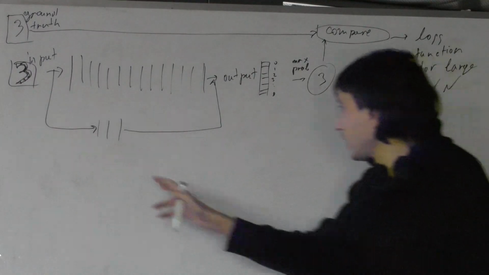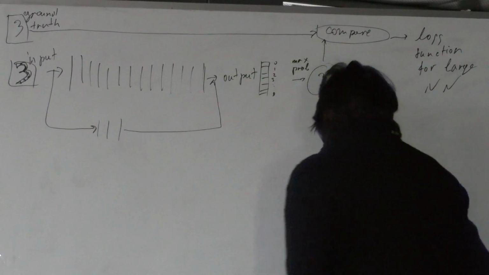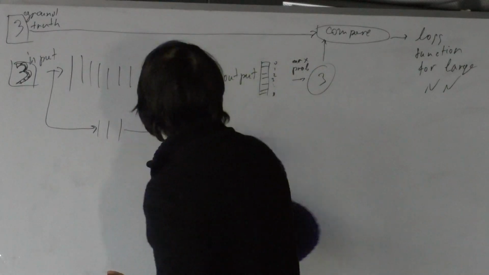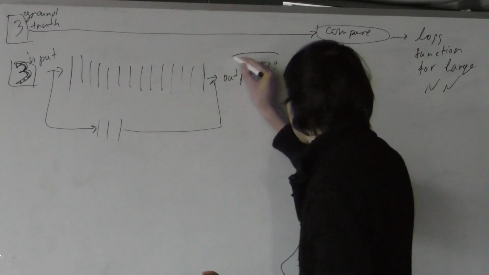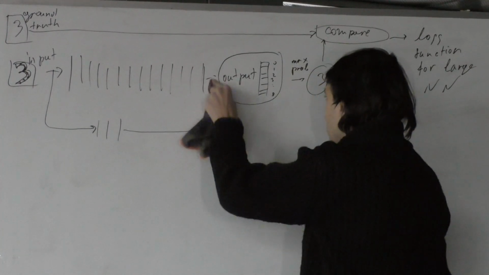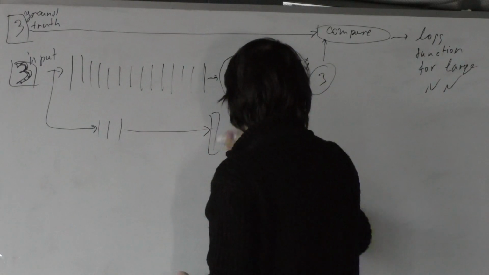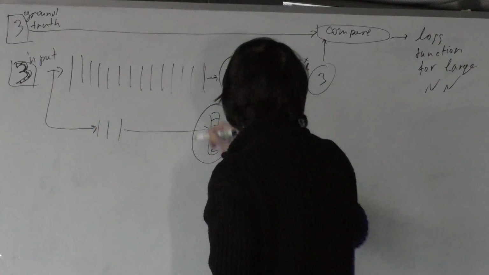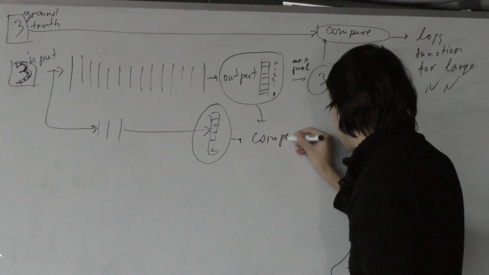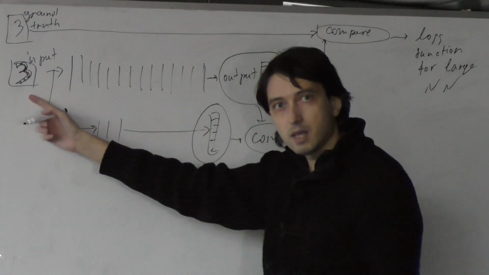But if I train the small one, I take this input and, for the training, I need to compare it with this output. So I take this output, I take the output of the small neural network, and I compare them, with the idea that they have the same input.